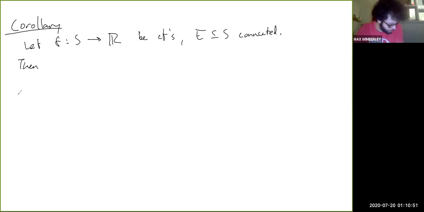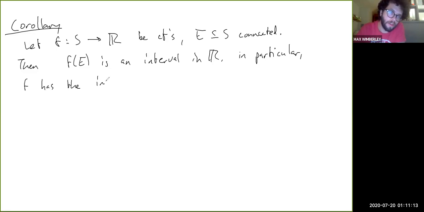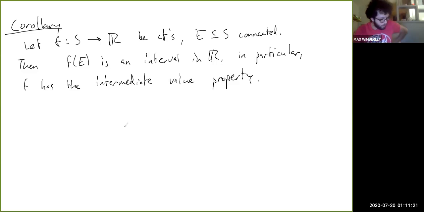Then F of E is an interval in R. In particular, F has the intermediate value property.